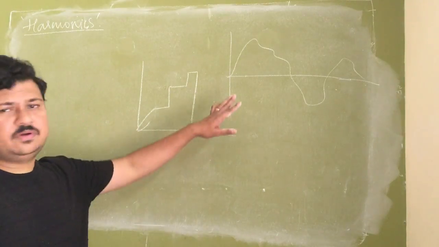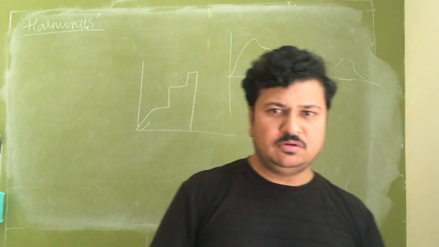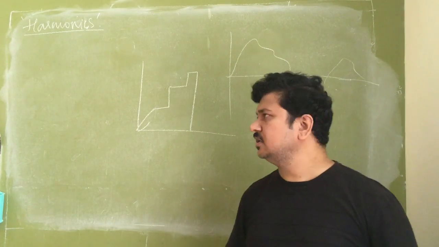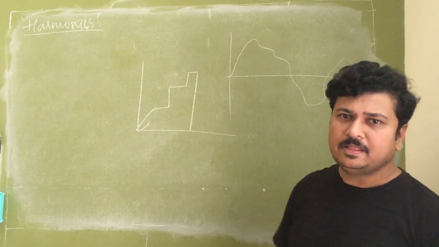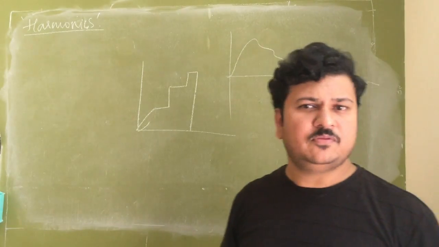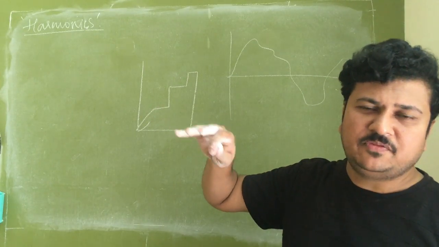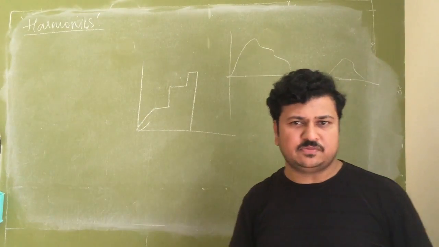Fourier transform or Fourier series: you are now studying signal processing also, DSP, so you know when to apply Fourier series and when to apply Fourier transform. If the function is periodic, I apply Fourier series. If the function is non-periodic, I apply Fourier transform.